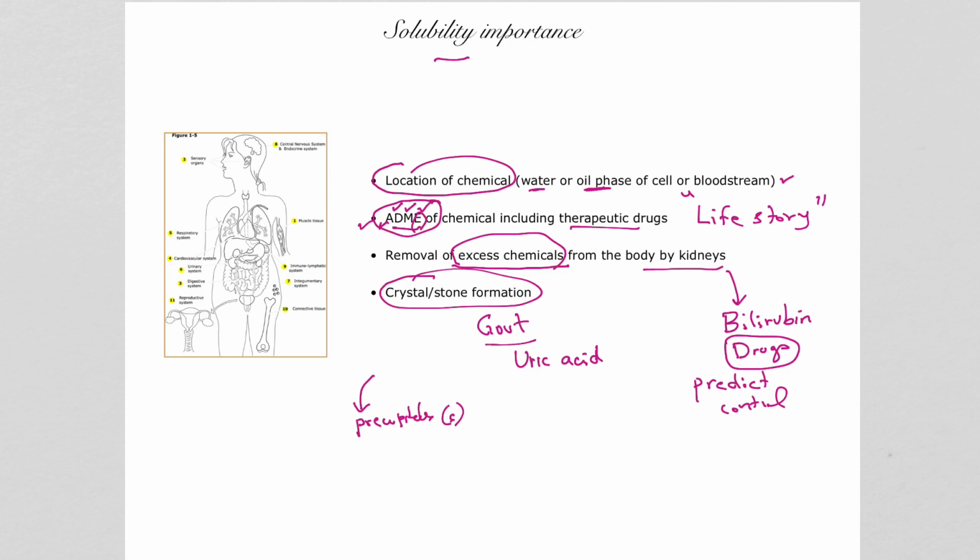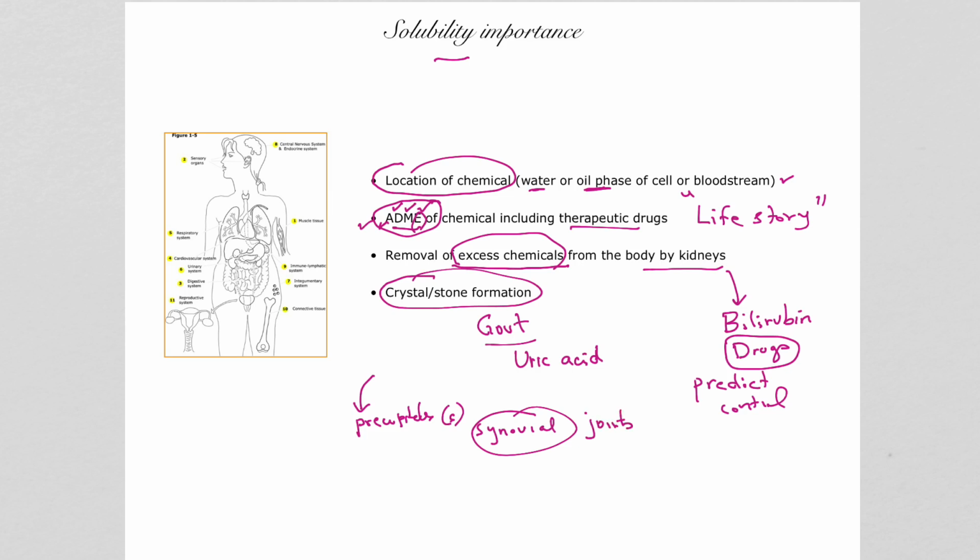So the solubility of uric acid in the synovial fluid, for example, is even lower than the solubility in the bloodstream. Okay, so that's why uric acid tends to precipitate more in joints.